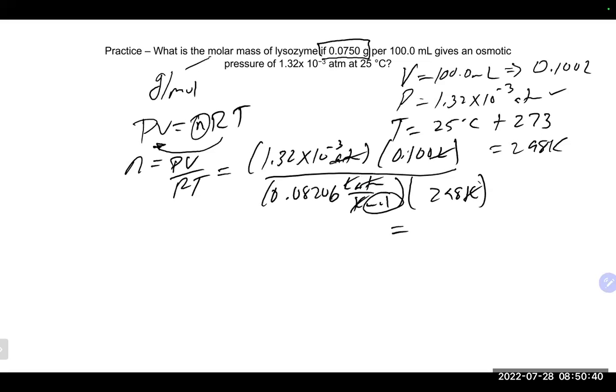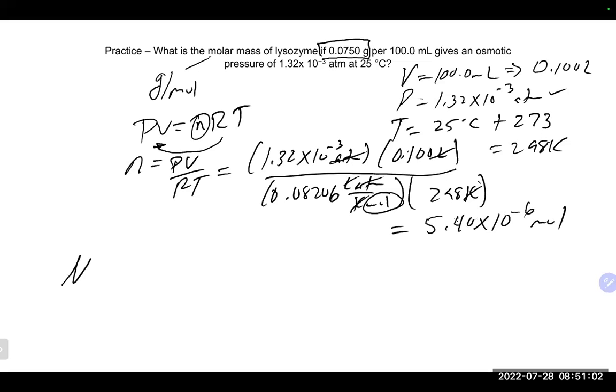And that gets us for moles here about 5.40 times 10 to the minus 6, I believe.